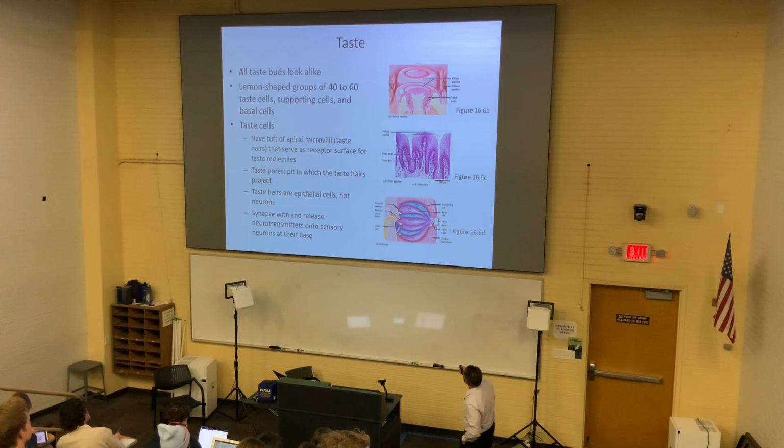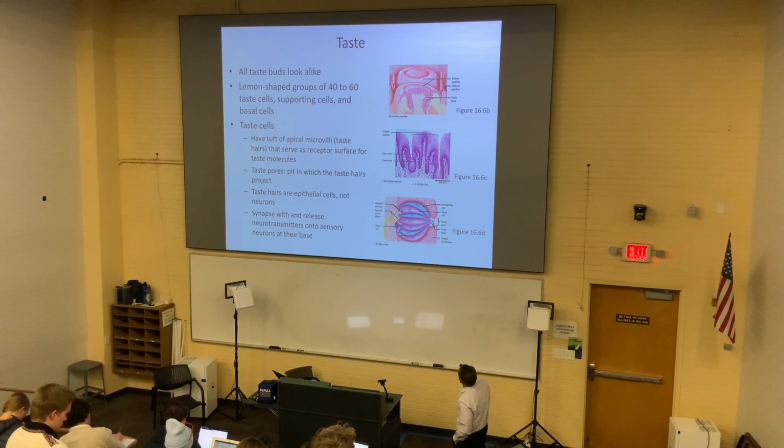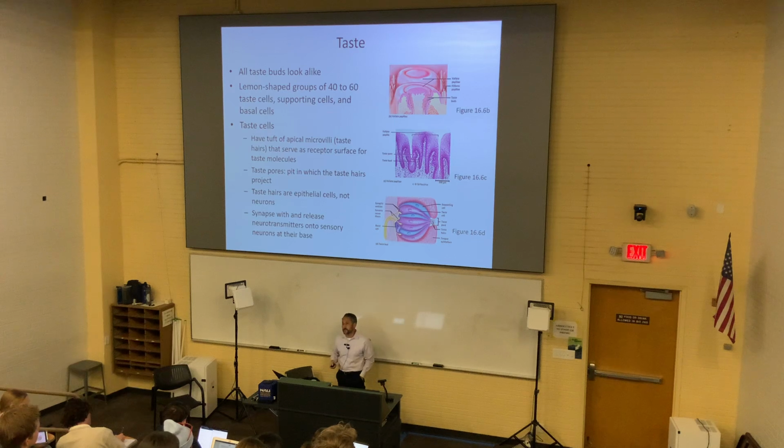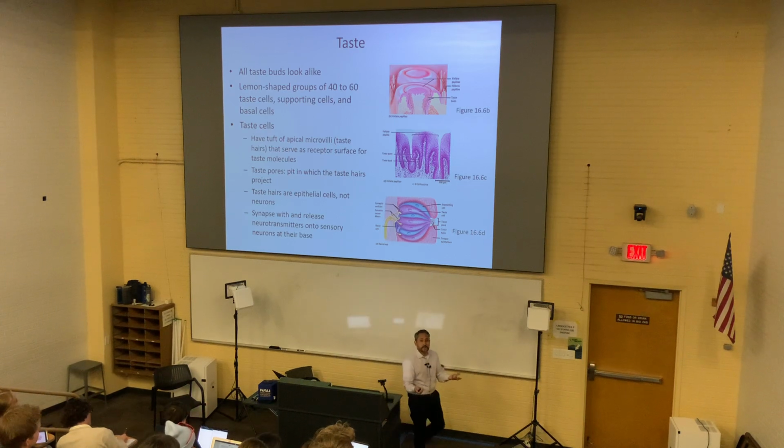This is actual histology of one of these invaginations or these crevices, and you can appreciate this taste bud sitting right here that it kind of has a look and feel like some of the sensory receptors that you saw in skin. And that's what this is. It's a sensory receptor.